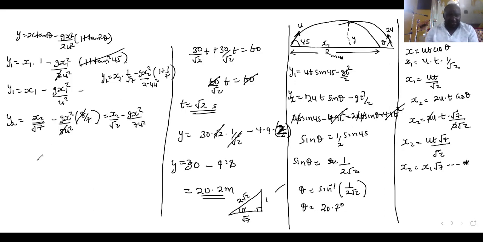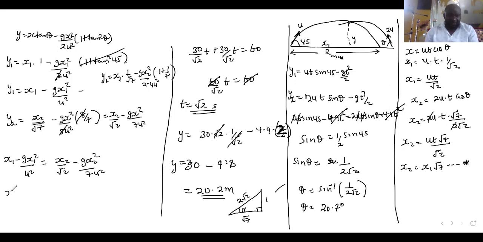But because these 2 heights are the same, we can equate them. Then have x1 minus gx1 squared over u squared is equal to x2 out of root 7 minus gx2 squared out of 7u squared. But remember, x2 is x1 root 7.